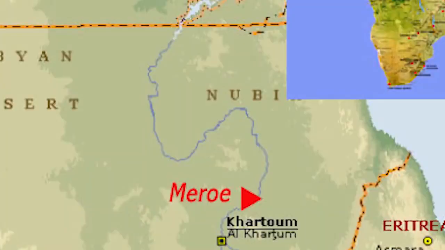After this, Meroe became the capital of the Kingdom of Kush and then gradually developed into a large, prosperous empire. The establishment of the 25th dynasty at Meroe marked the beginning of another civilization which flourished.